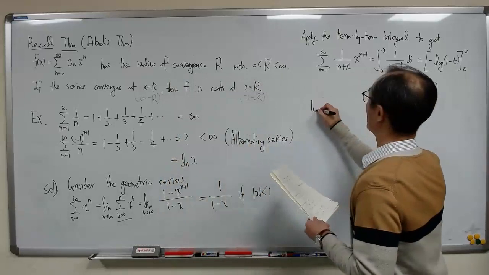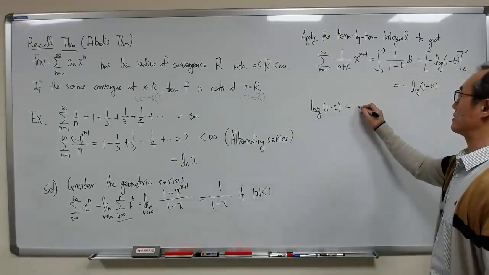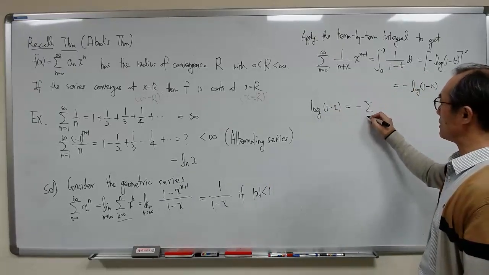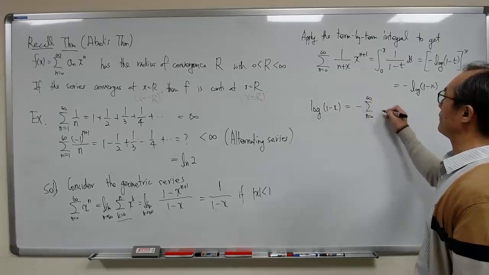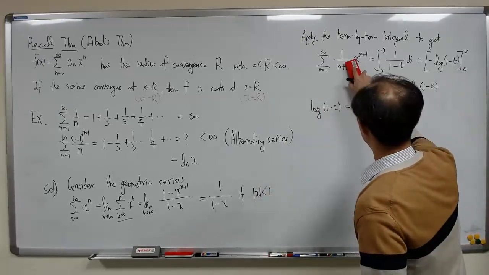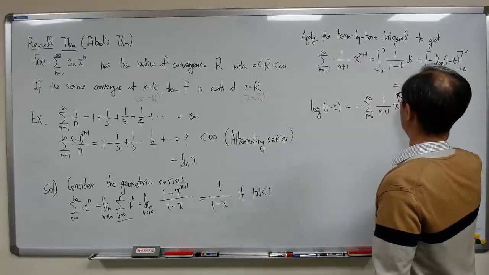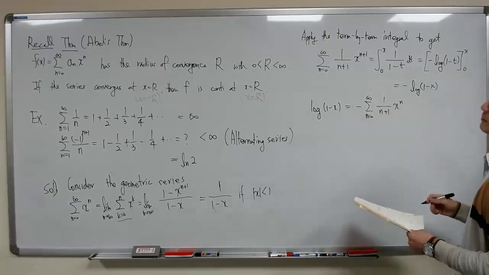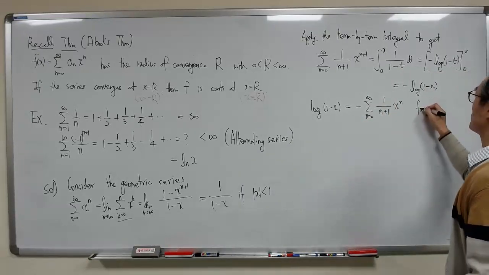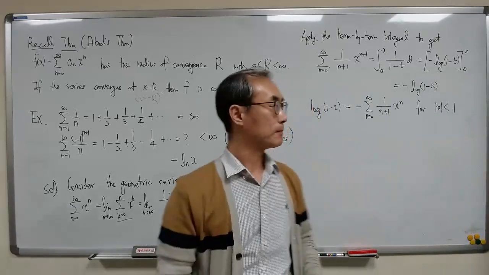Or, if you move this minus sign to the other side, log of 1 minus x can be expressed as minus the summation from n equals 0 to infinity of 1 over n plus 1 times x to the n plus 1. And this identity is true for x with absolute value less than 1.